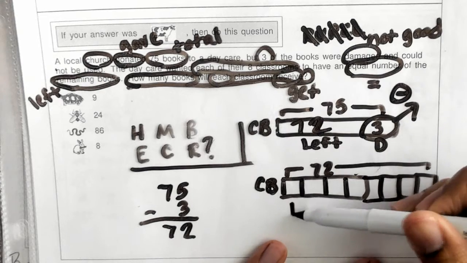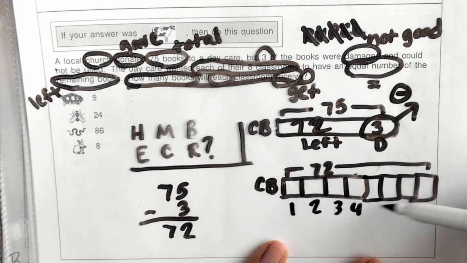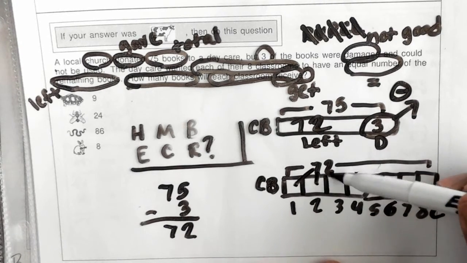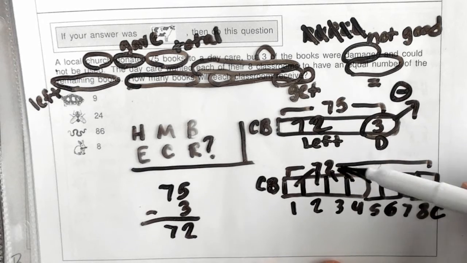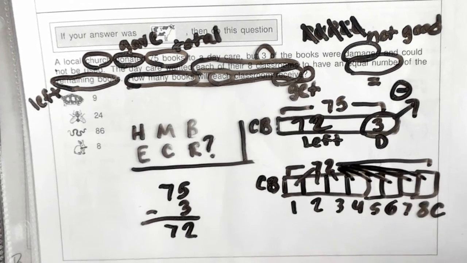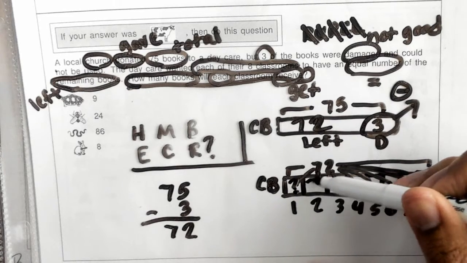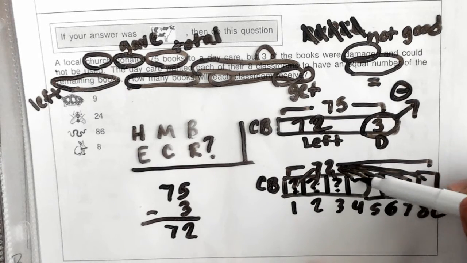So here's 1, 2, 3, 4, 5, 6, 7, 8 classrooms that they want to be sharing with. Right now, do we know how many books are going to be going into each classroom? No. So I can just fill in each classroom with a question mark because right now I don't know.